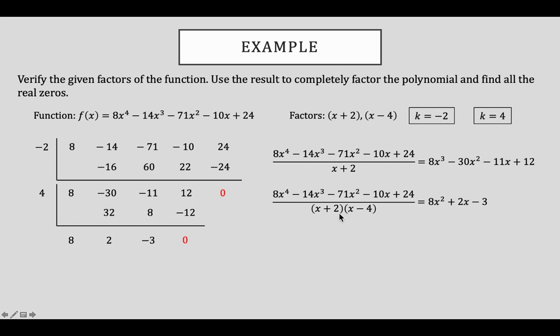So how are we going to use this to help us factor? Well, notice that the numerator on the left-hand side of our equation here is our original function f of x.